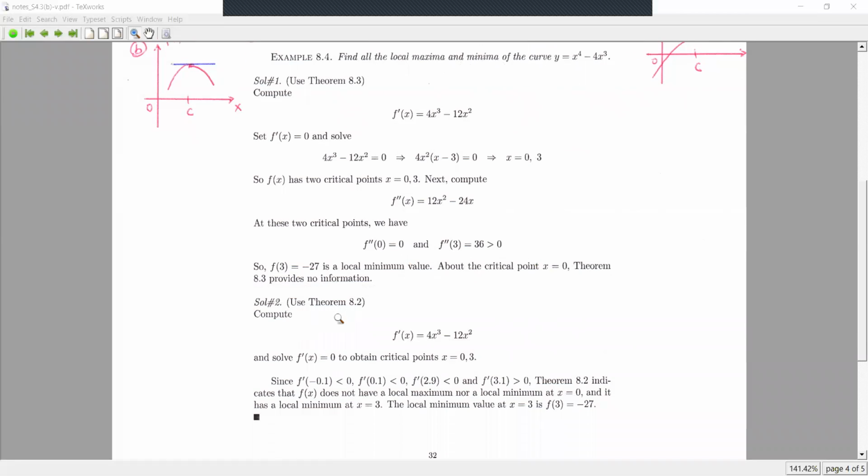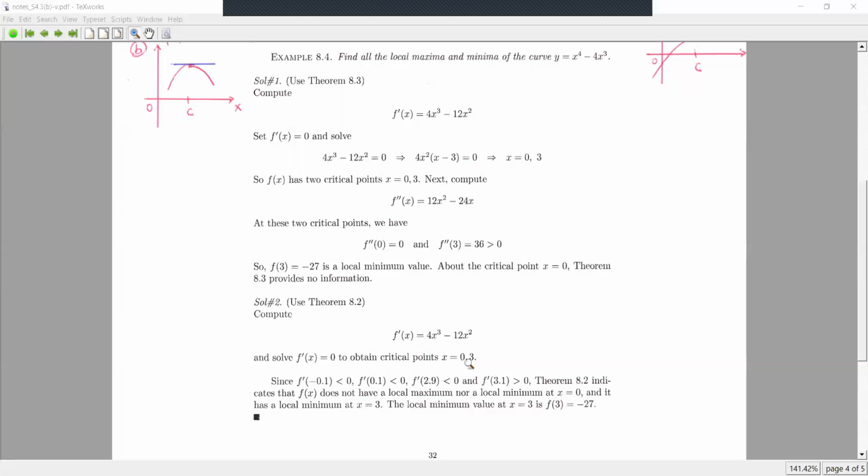Again, to find all the local extreme values, we first find critical points. Compute the derivative, set the derivative to 0, then we get two critical points, 0 and 3. Now, at the critical point 0, I want to know whether or not the derivative changes sign at 0.